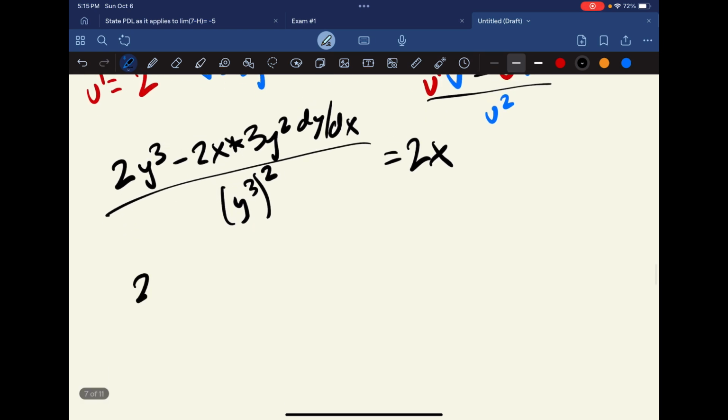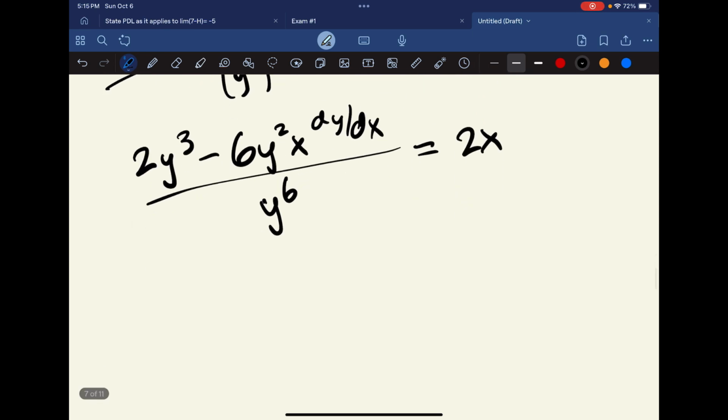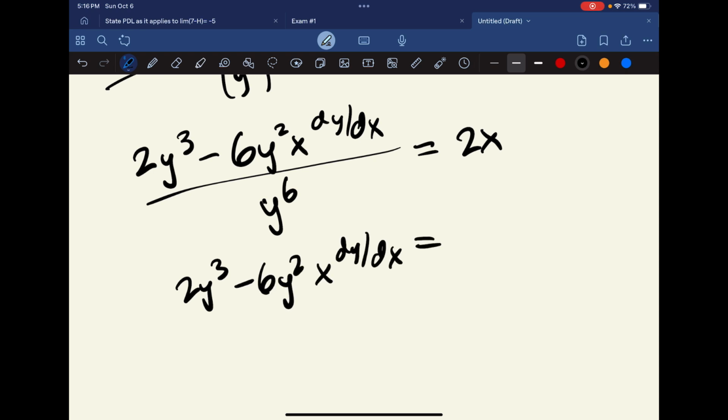So we can simplify this, clean it up a little bit. 2y cubed minus, and then this 2 and this 3 multiplied to give us 6 times y squared times x times dy dx, all divided by now y to the 6th power equals 2x. So then we can multiply both sides by y to the 6th power to get rid of that denominator, right? And give us 2x y to the 6th.